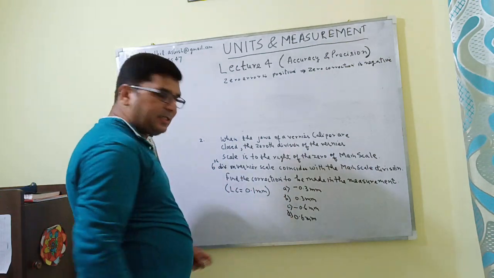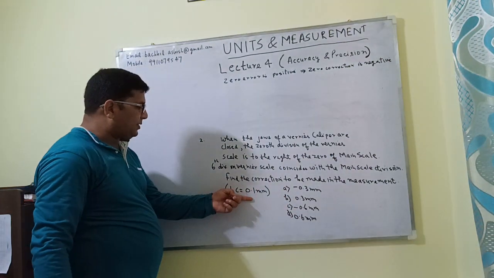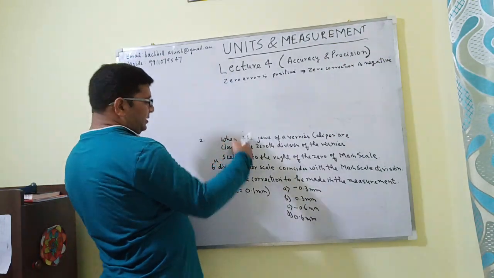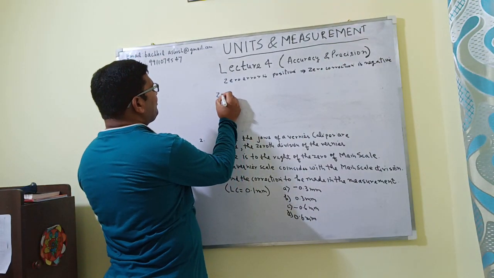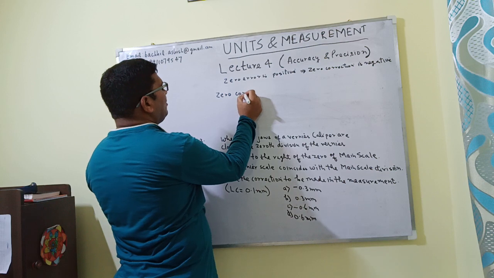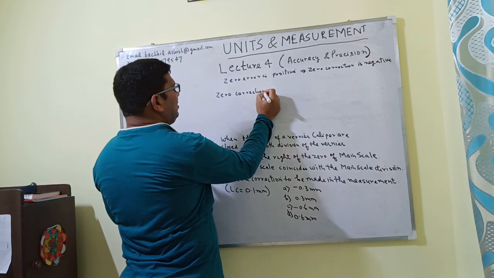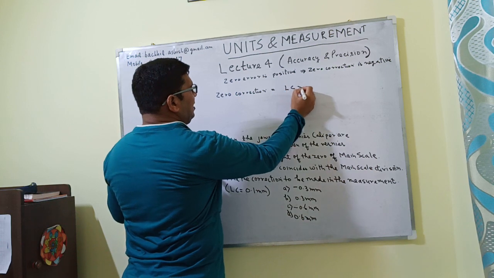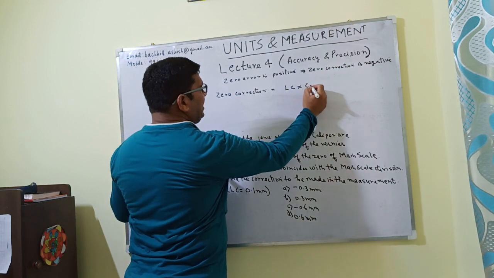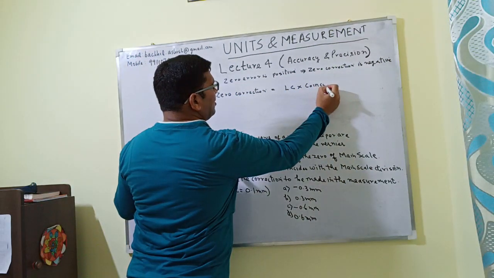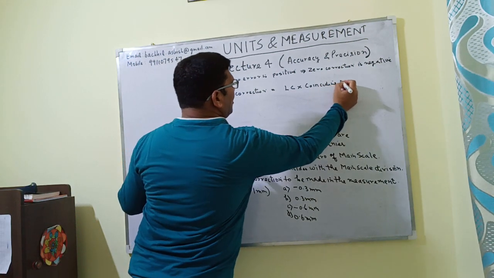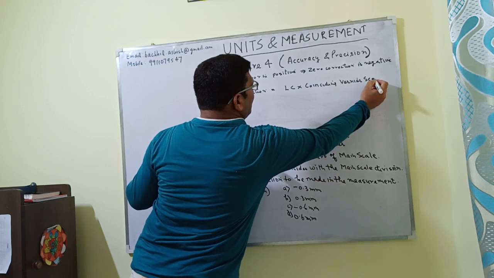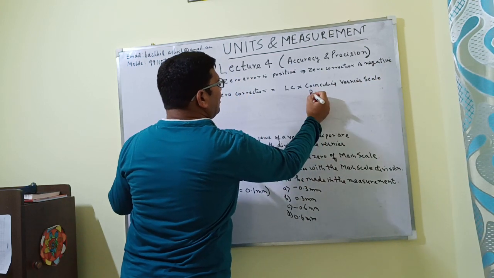Here four alternatives are given, and the least count of the instrument is 0.1. So we have to find the correction, that is, they are asking about the zero correction. So zero correction is equal to least count into the coinciding Vernier scale reading.